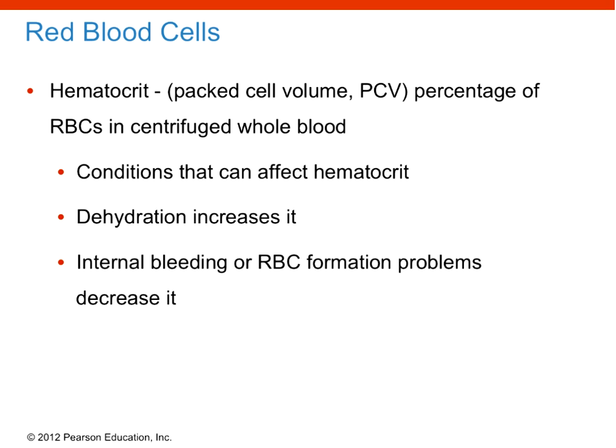However, over time, because it takes about 10 to 11 days to make more red blood cells, we will see a drastic decrease in hematocrit. Or if you have problems with your hormone erythropoietin or any of the other hormones or entities that are responsible for making red blood cells, if you have a problem forming red blood cells, that can also decrease it. Sickle cell anemia would decrease hematocrit.